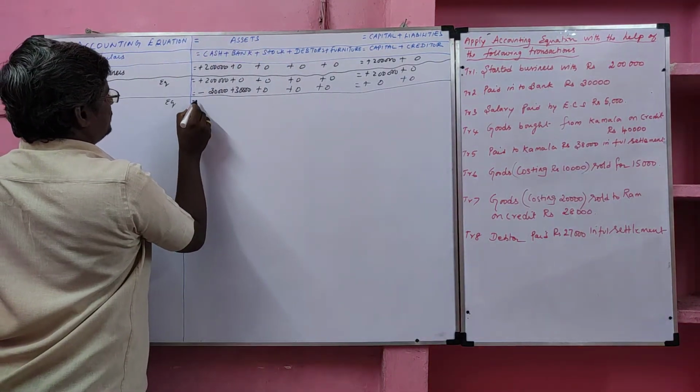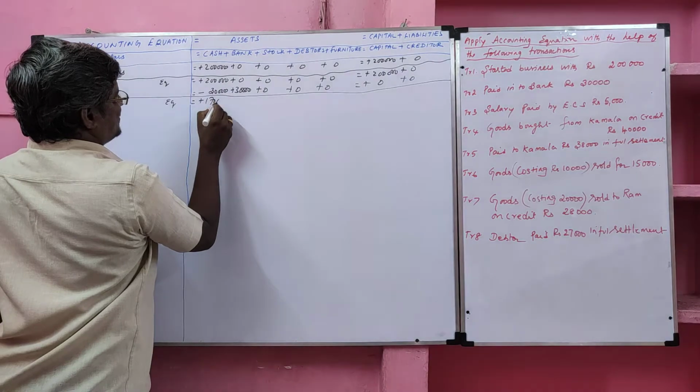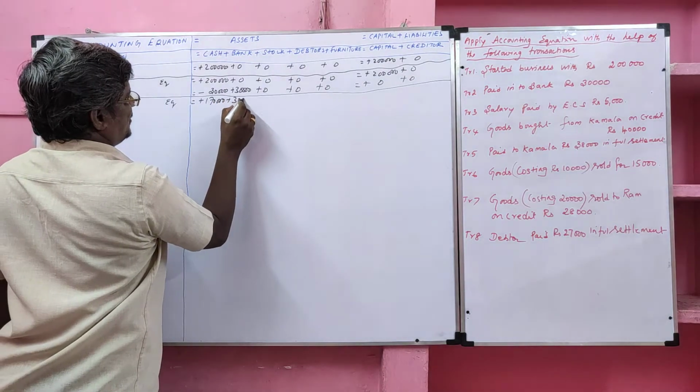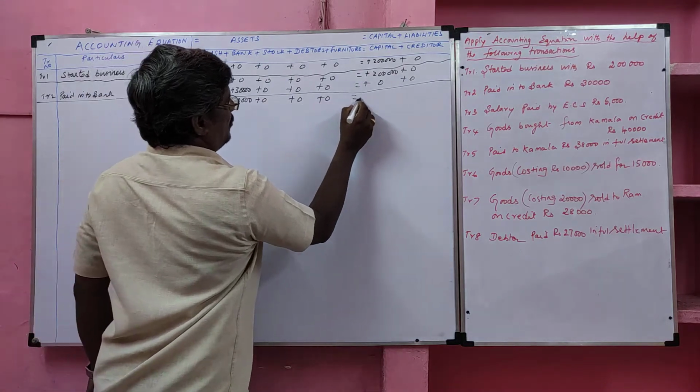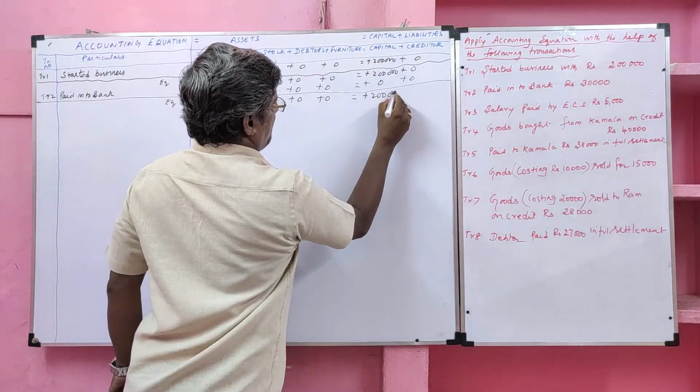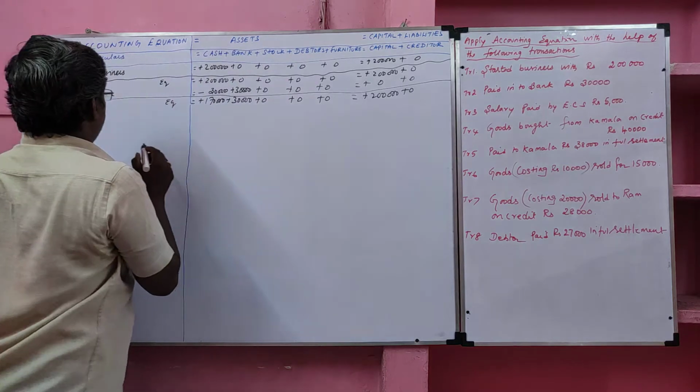Balancing equation: 1,70,000 plus 30,000 plus 0 plus 0 plus 0 equals 2 lakh plus 0.